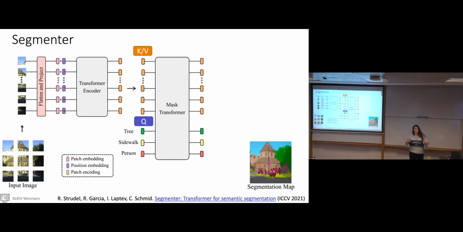So your input is incomplete, so you don't want to have the attention map from each word to each other word, because you're gonna have missing parts. Usually the attention map is a full map, right? Because each patch or each word can attend to each one of the others. But when you use a mask transformer, you basically mask some of the tokens that you don't want to attend to.